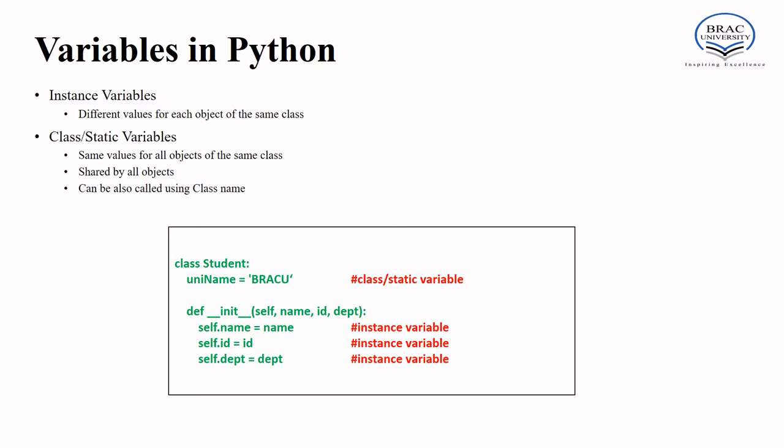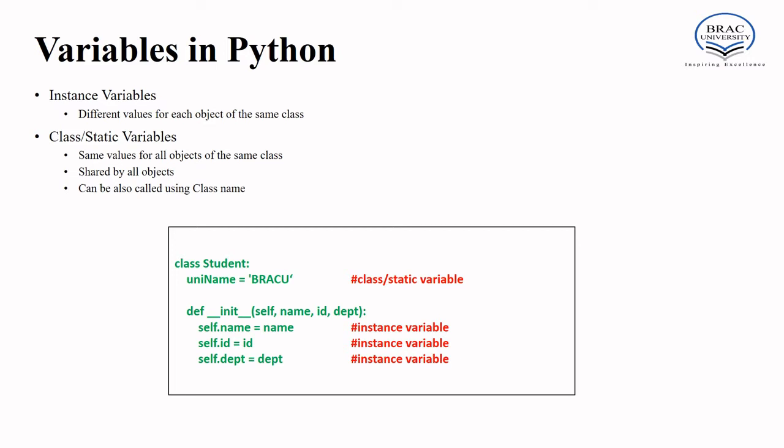These are instance variables and they are usually referred to with the self keyword or the reference of the object within its definition. And static variables are the variables that are outside the method but inside the class. These static variables are shared by all the objects and they are usually called using the class name.